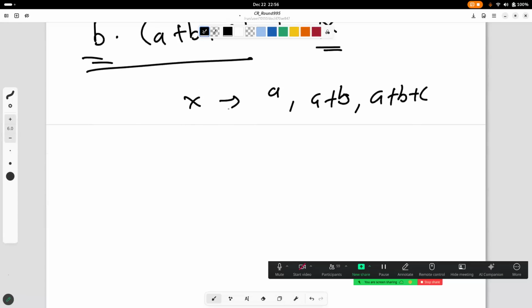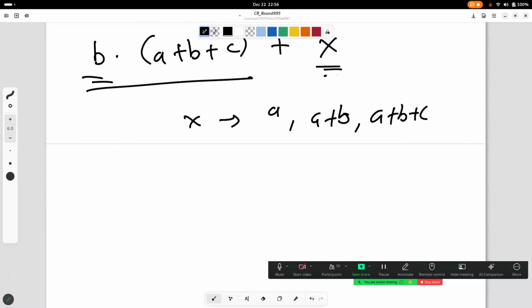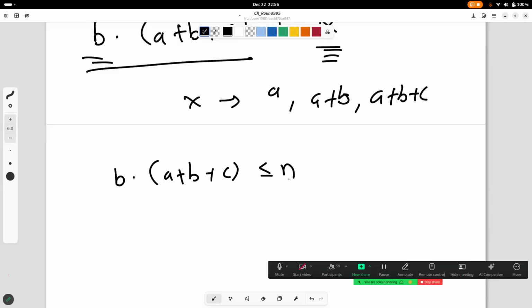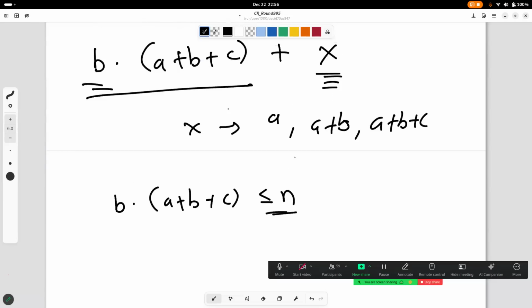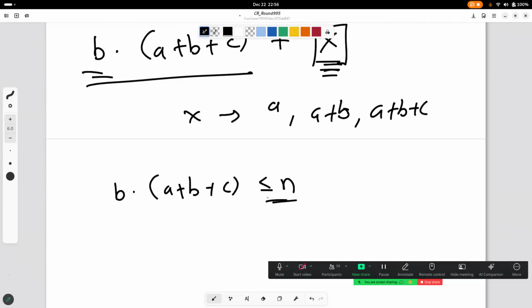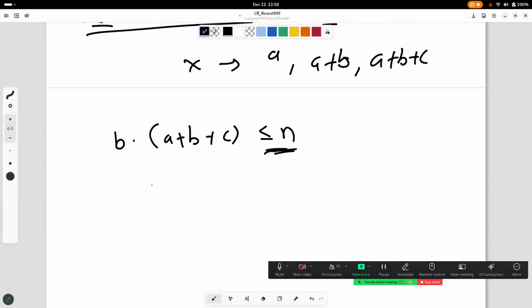Now the thing to notice here is that since you're walking on the last day, it implies that B times (A plus B plus C) is less than or equal to N. Because if this was greater than or equal to N, then you'd not have walked on the last day.